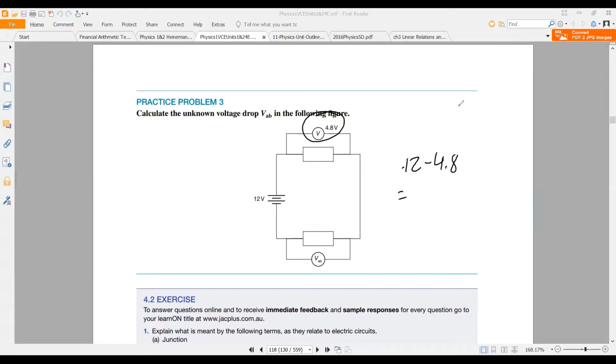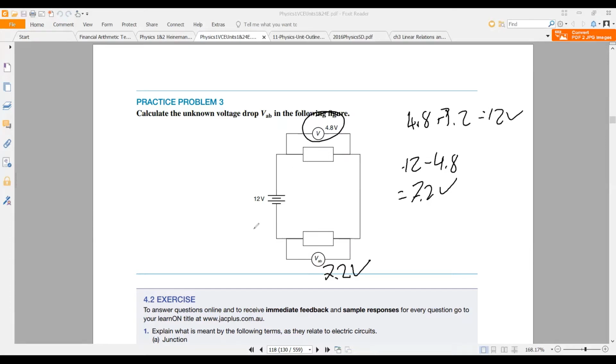Wow, thank you, someone that can do it in their head. 7.2 volts. So that means this here is going to be 7.2 volts. It needs to be that because ultimately 4.8 plus 4.8 plus 7.2 equals 12 volts. That's the voltage that's in the circuit, and that makes up a loop.